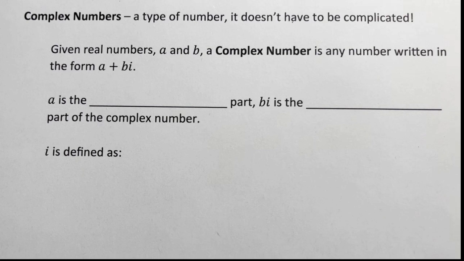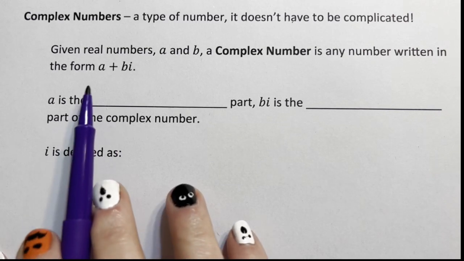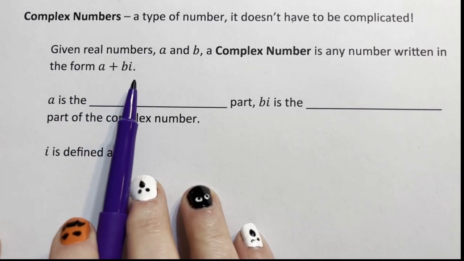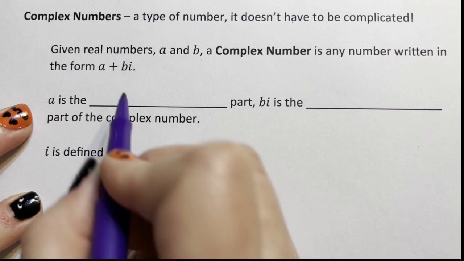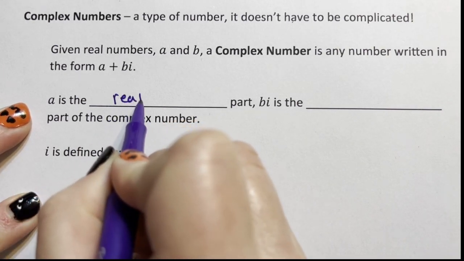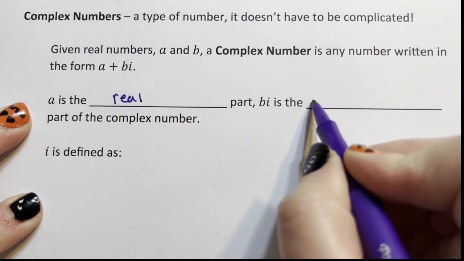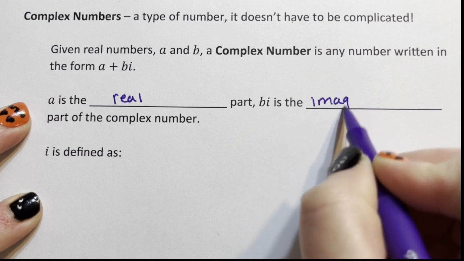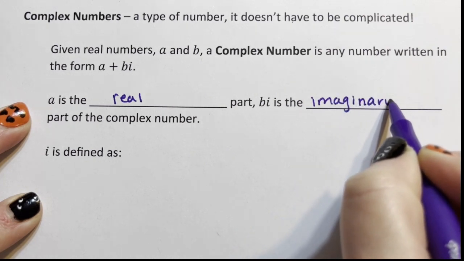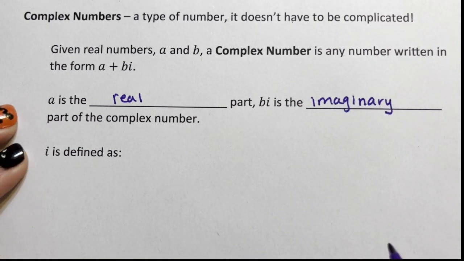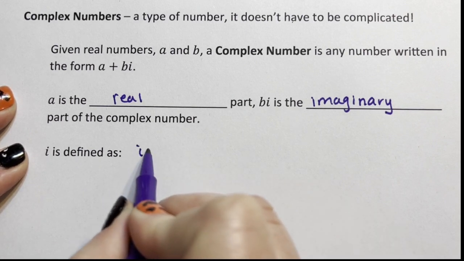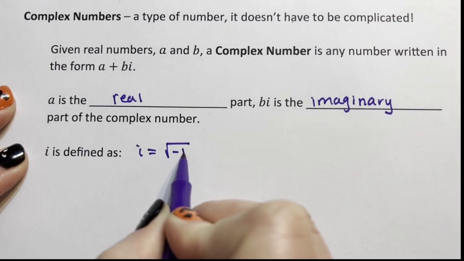So given a real number, with a and b being just real numbers, a complex number is written in the form of a plus bi. A is the real part, and b is the imaginary part. i is just defined as the square root of -1.